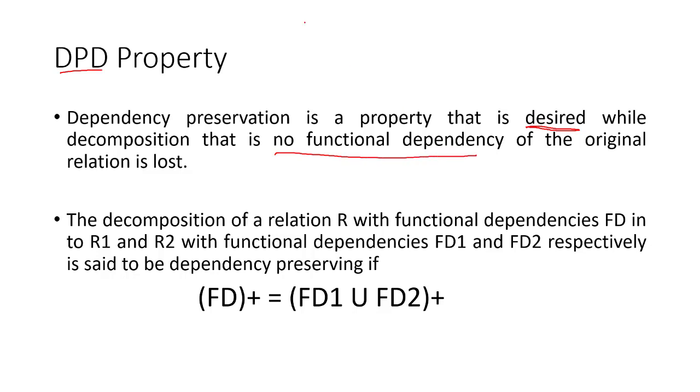For example, in the original relation, I have some set of functional dependencies like A implies B and B implies C. If I divide this relation into sub-relations, these dependencies must be present in either R1 or R2.